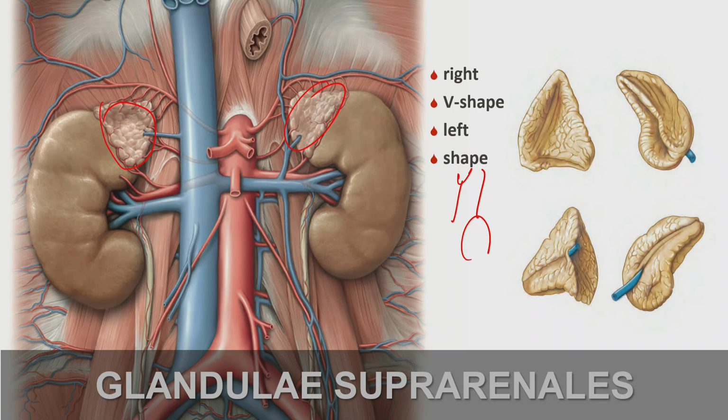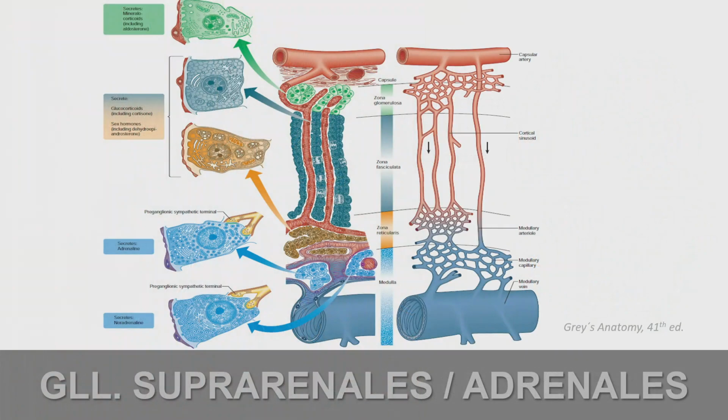The tissue is formed by two different origins. One is endocrine and one is neuroendocrine. One is originating in endoderm, the second ectoderm. Neuroendocrine part is inside and it is the so-called medulla.